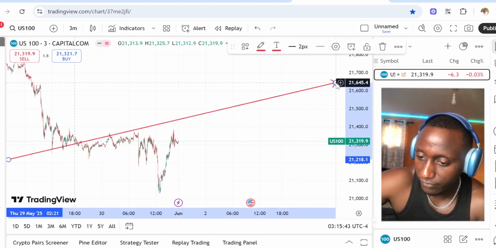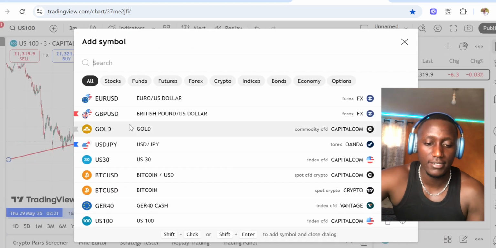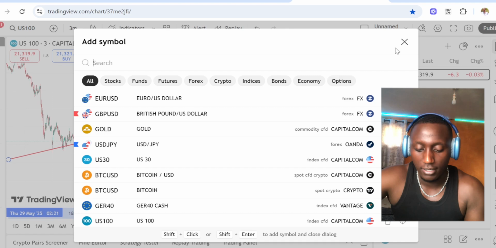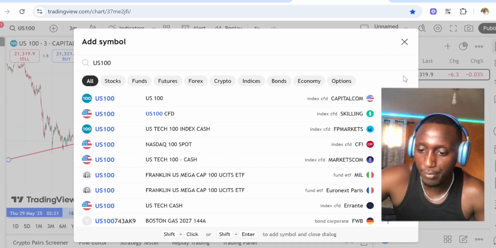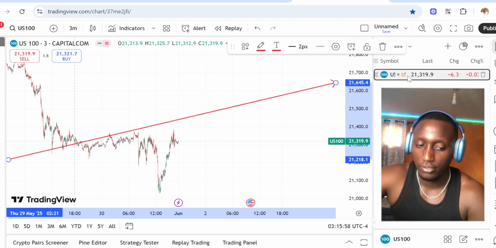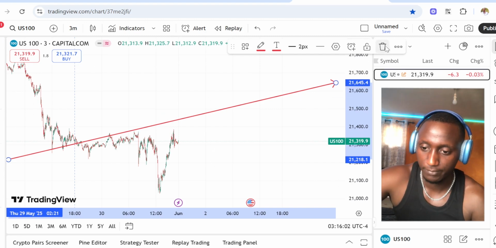So here, notice that if you just follow this arrow, you can come and say plus here, search US 100, and then add it. So US 100, I use this one, capital.com. Click it. Now you have your pair to trade.